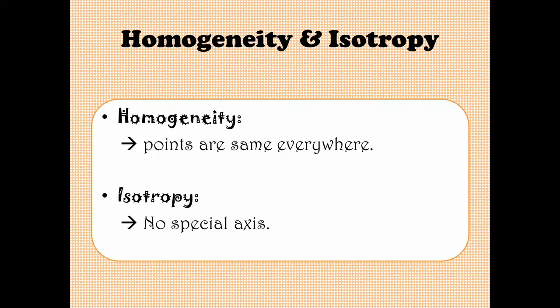The other property of our universe is isotropy. Isotropy means that our universe does not have a preferred direction. So if you take one chunk of it and rotate it through an angle, you wouldn't be able to tell the difference. Let's be clear here: these two properties come from our observations so far.